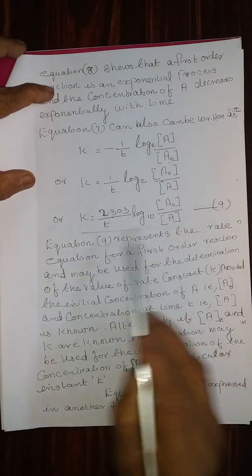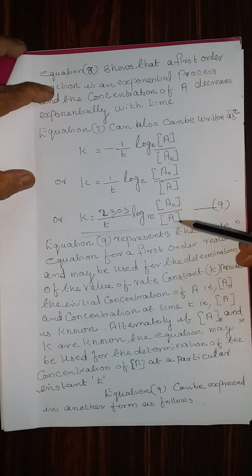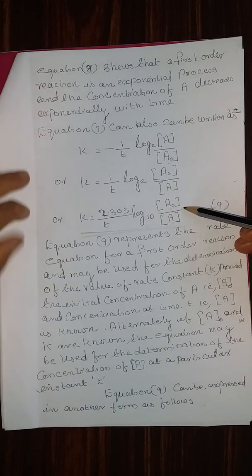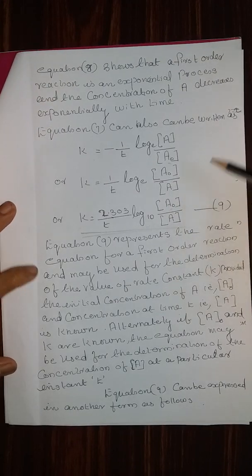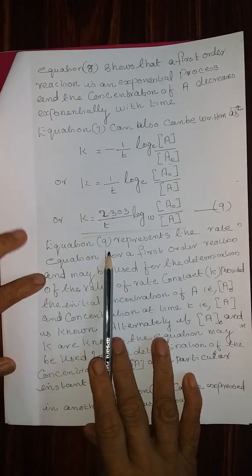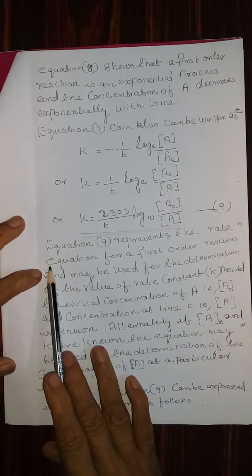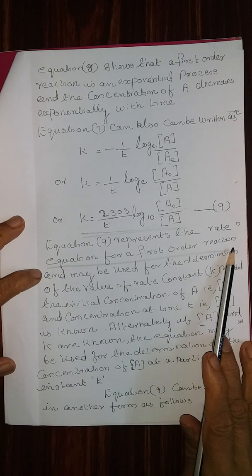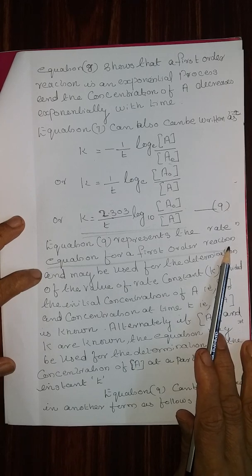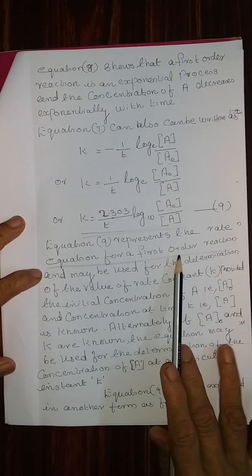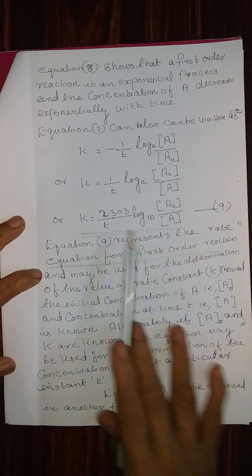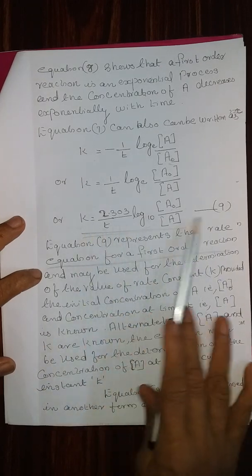This is the equation normally used for solving the problems based on the first order reactions. Equation 9 represents the rate equation for the first order reaction. In the syllabus it is clearly mentioned, derive the rate equation for the first order reaction. In that case, you should write this equation number 9.